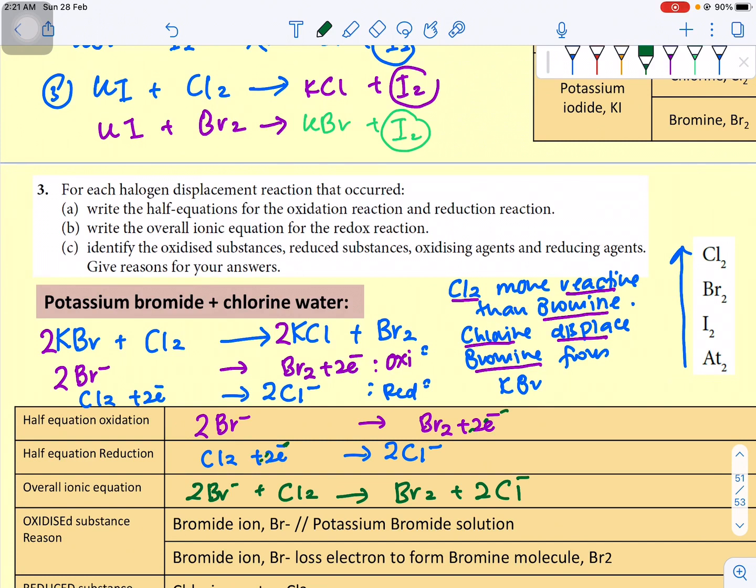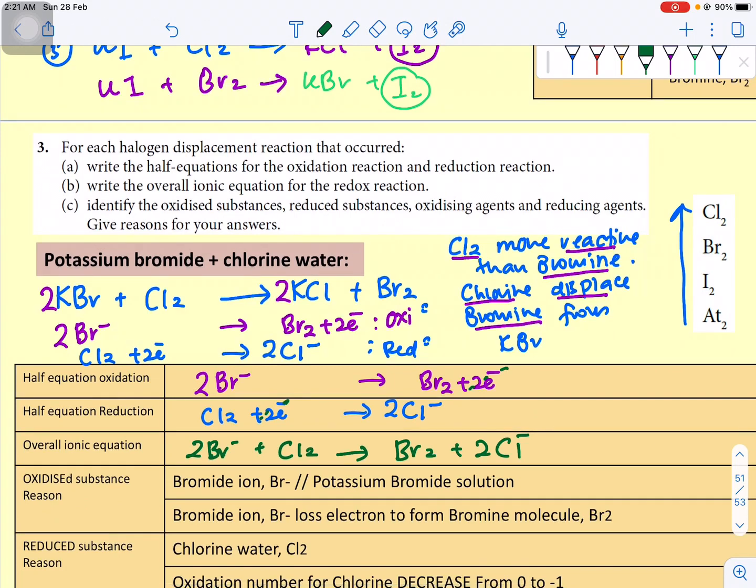So which substance undergo oxidation or oxidize? So the answer is bromide ion, or potassium bromide solution. The reason always sentiasa gunakan prinsip OHAN. Because bromide ion lost electron, asalnya bromide ion, make sure you mention bromide ion, and then dia bertukar menjadi bromine molecule.